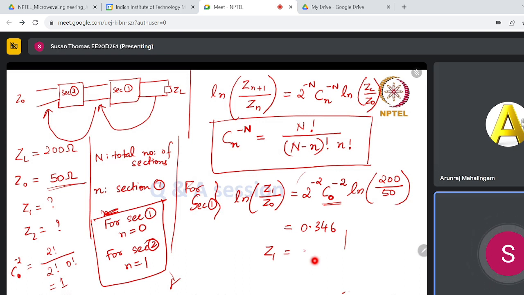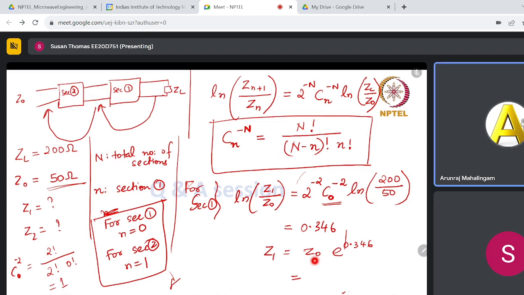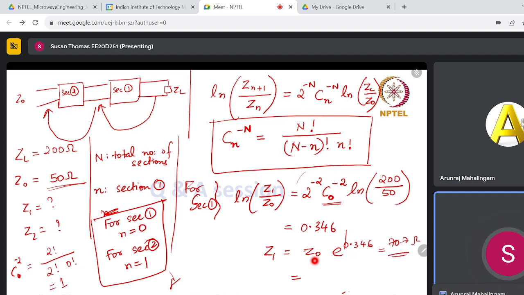So this will be Z naught multiplied by e raised to 0.346. Yes, right answer. That is 70.7 ohms.